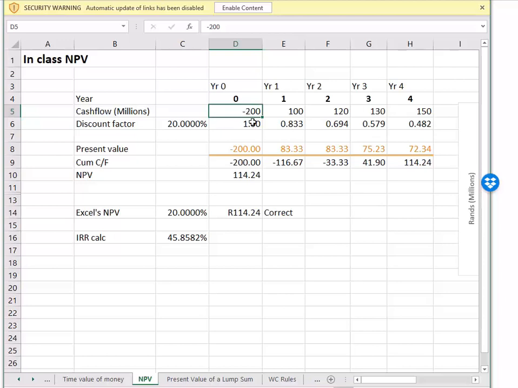These numbers are in millions, and let's assume for our purpose it's in rands. It's required to spend 200 million Rand to acquire certain assets that the business needs in order to generate cash flows. And the business has determined that in the future, by using these assets, they will generate in the first year 100 million, in the second year 120 million, 130 million, and in year 4 150 million.